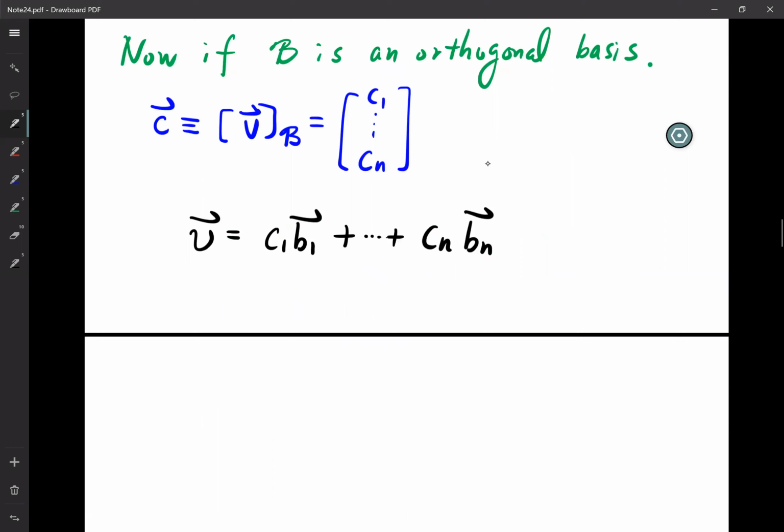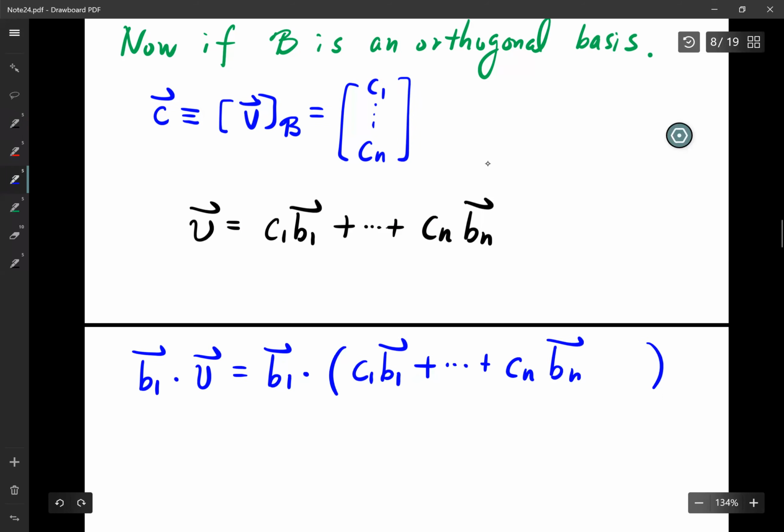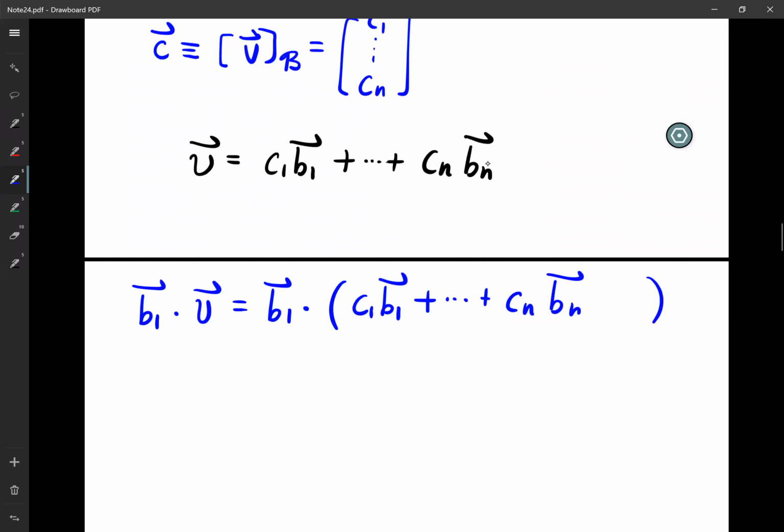Now I use the same trick again. I take B1 dot V, equal to B1 dot on both sides, C1 B1 plus up to Cn Bn. So the left-hand side is what it is. The right-hand side, I can actually simplify a little bit.